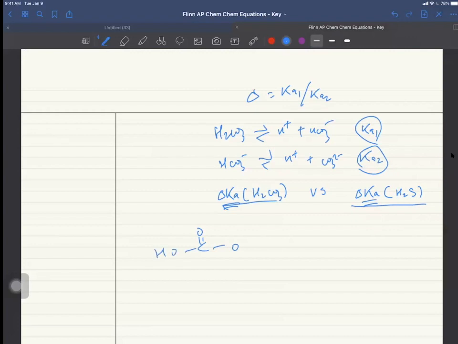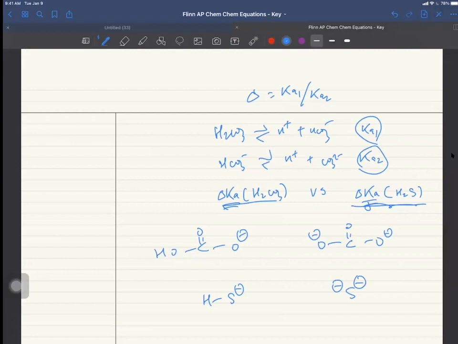H2S will be greater. Why do you think that? From my point of view, it's smaller, and it would be harder for it to hold the charge.